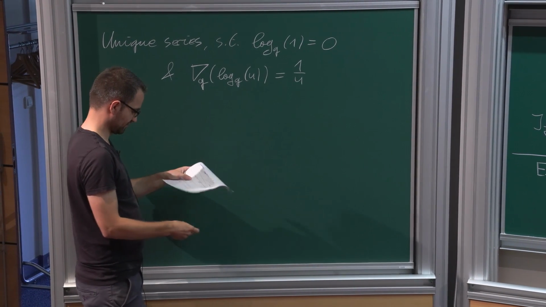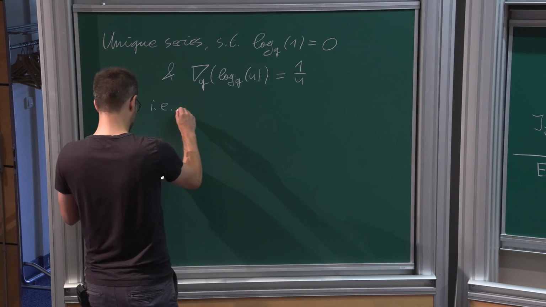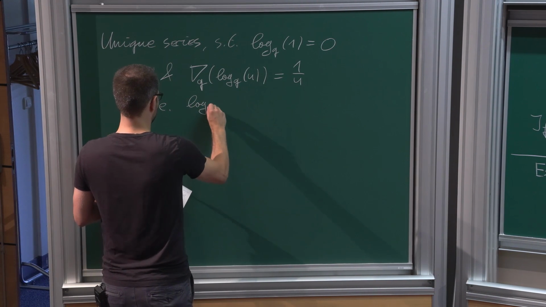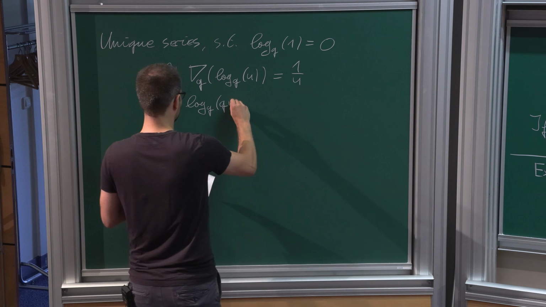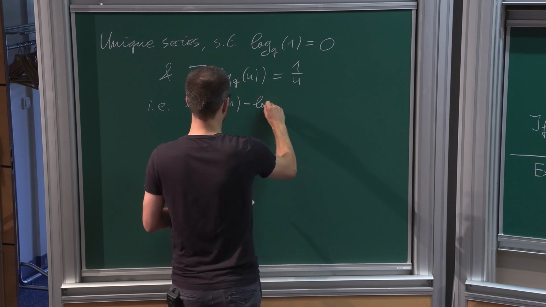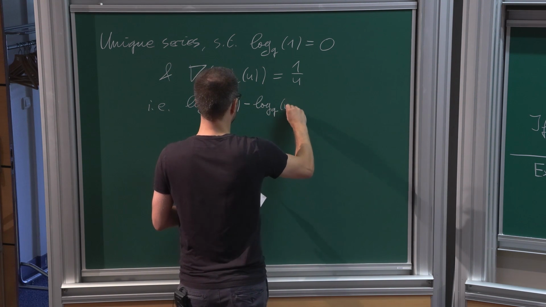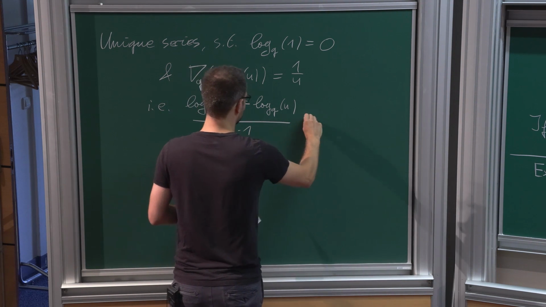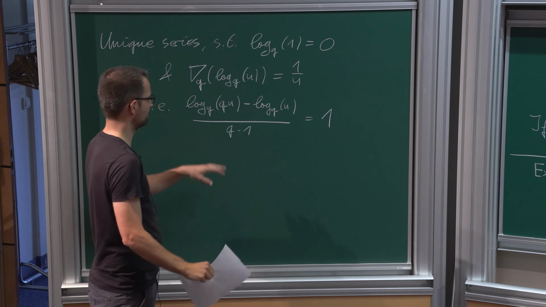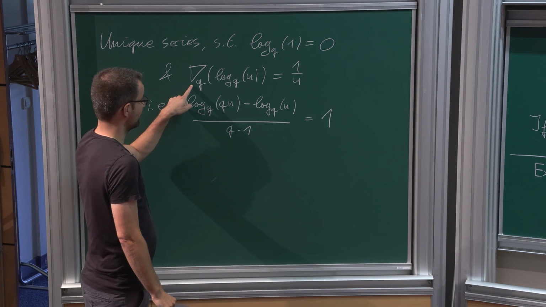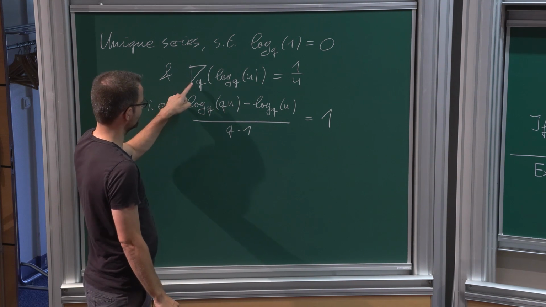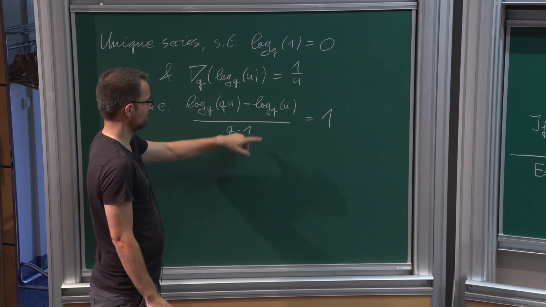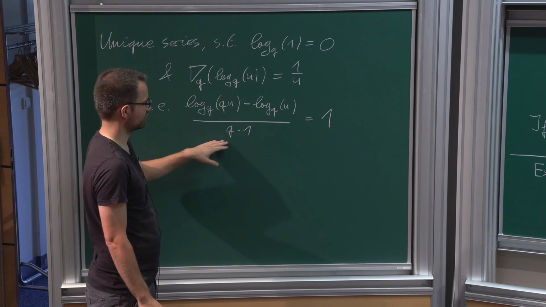And so this concretely means the following. Log Q of QU minus log Q of U, over Q minus 1, is equal to 1. So here I'm recalling the definition of the Q derivative, but then also erasing the factor U by not putting it here.